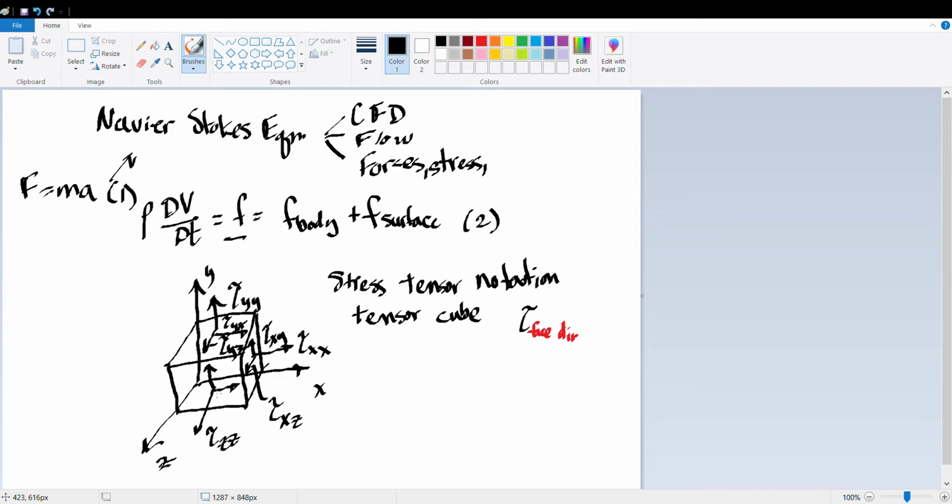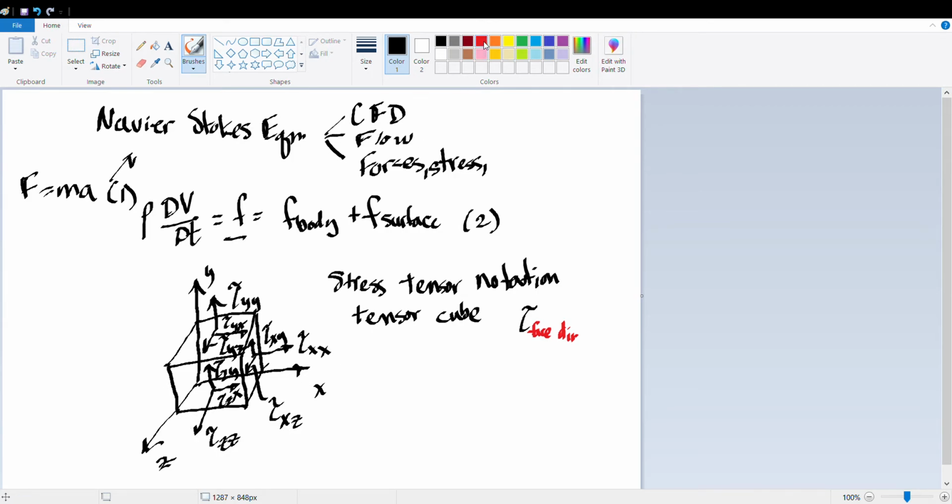I'll let you name these. You know that this one is tau zy, so it's tau zy, and this one here is tau zx. All right, so that's tensor notation.